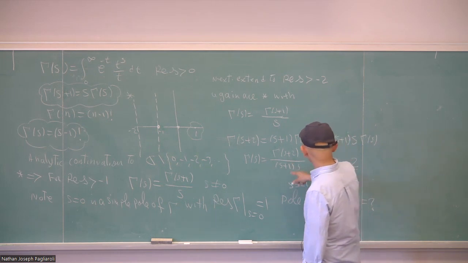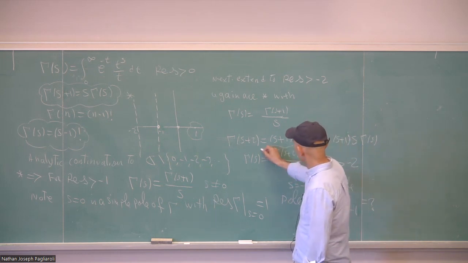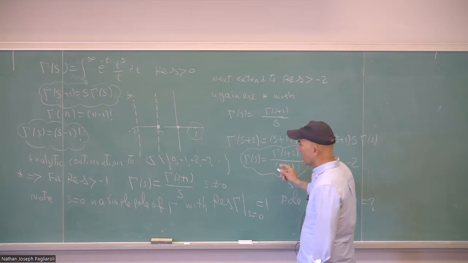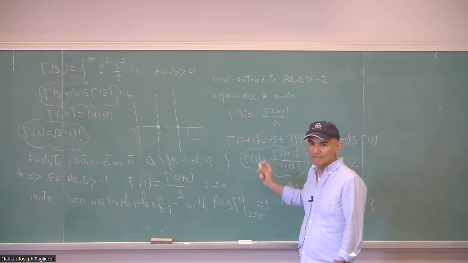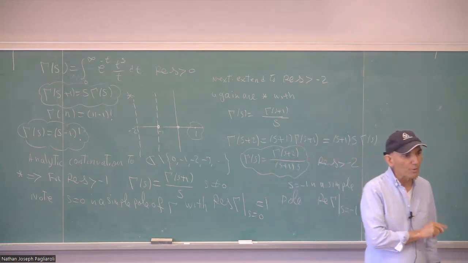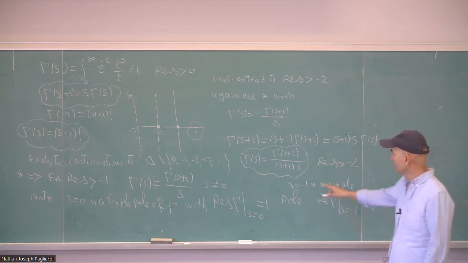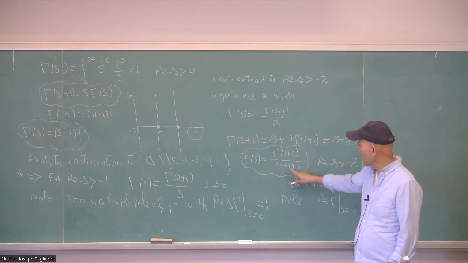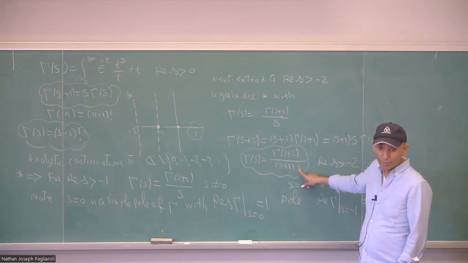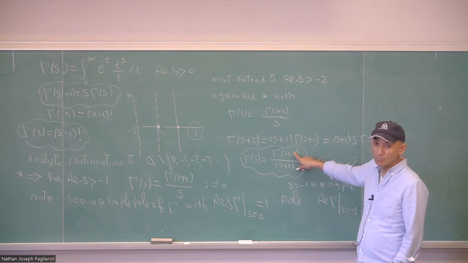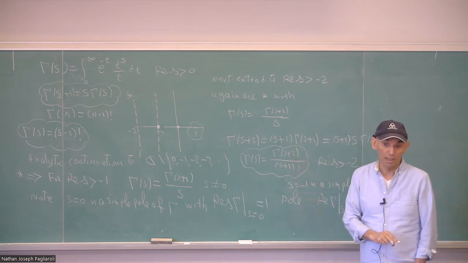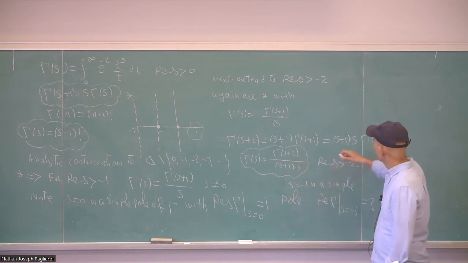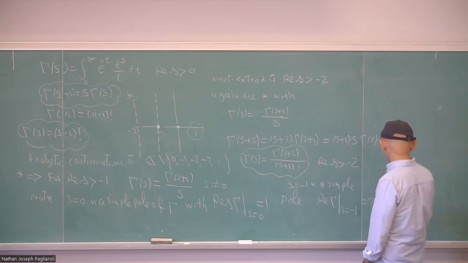Well, we just have to read from this formula, and see what is the nature of this function around s equal to minus 1, right? Well, there is a pole, 1 over s plus 1, which means that s equal to minus 1 is a pole. But this other factor takes the value minus 1, so it means that the residue is minus 1 at s equal to minus 1.